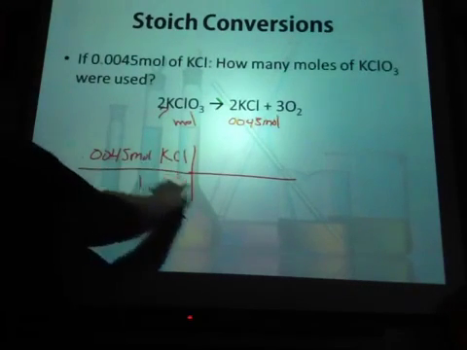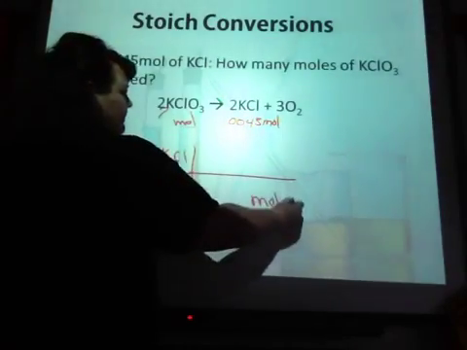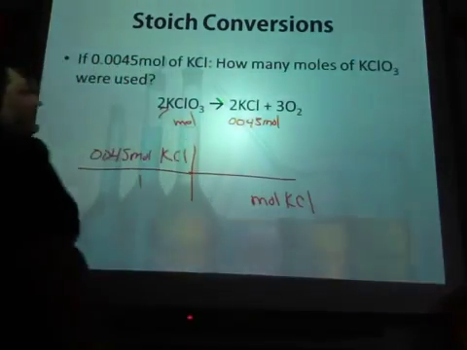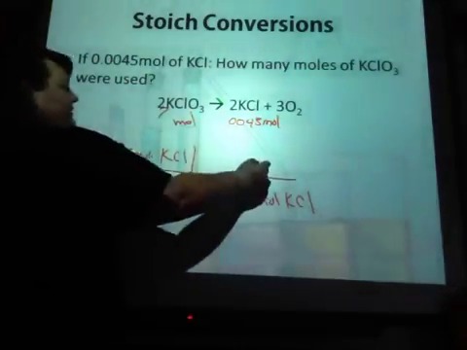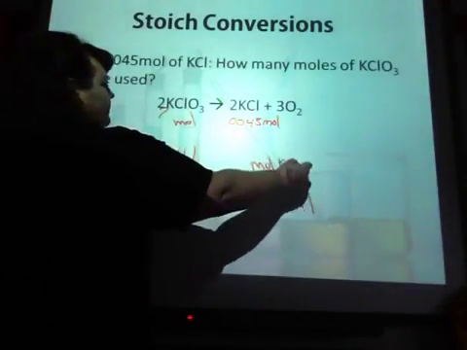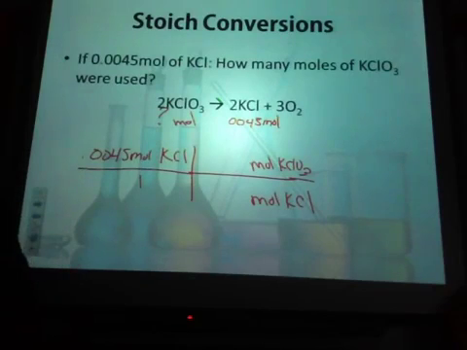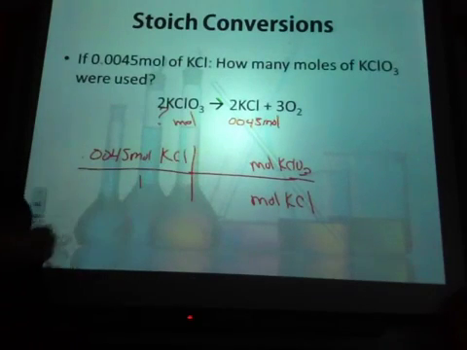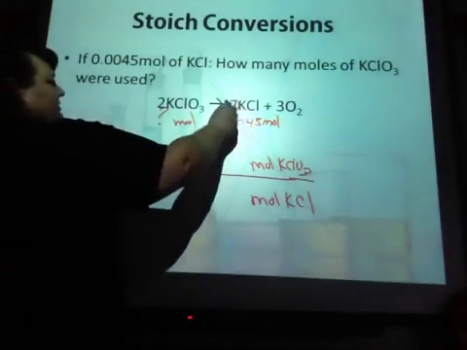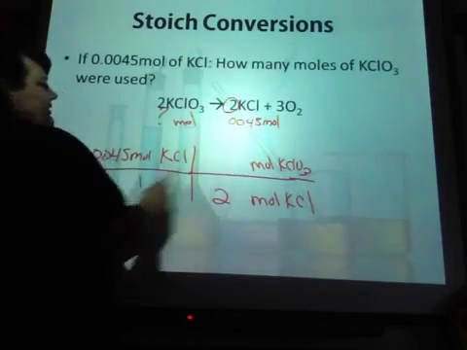So if it's on top, it goes to the bottom in the next step. So that means my moles of KClO3 go on top. So that's what I need to get into. So what are the coefficients that we plug in for both of those? So 2 for KCl, and then what about KClO3?